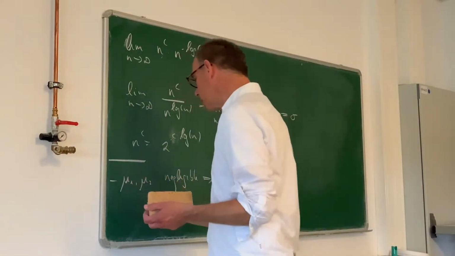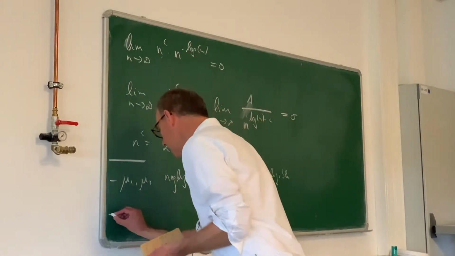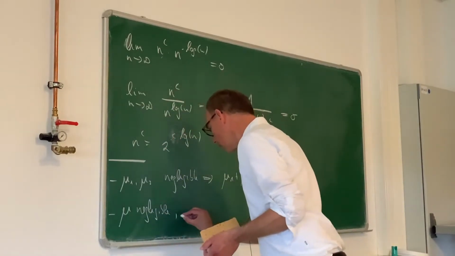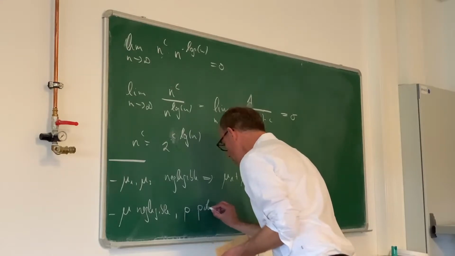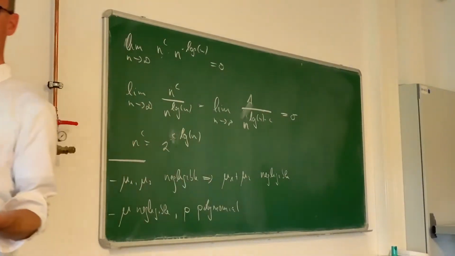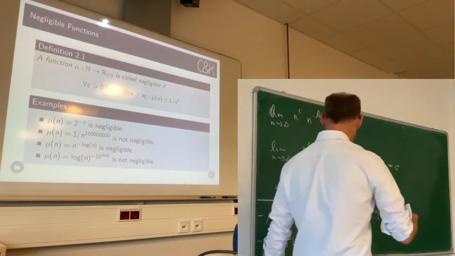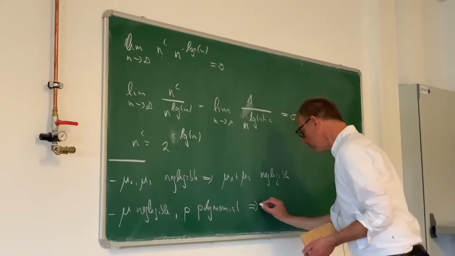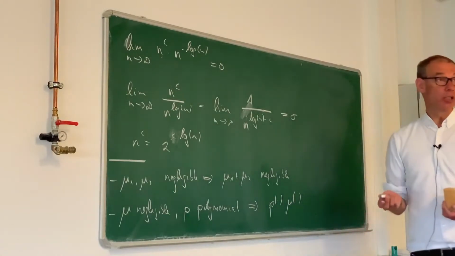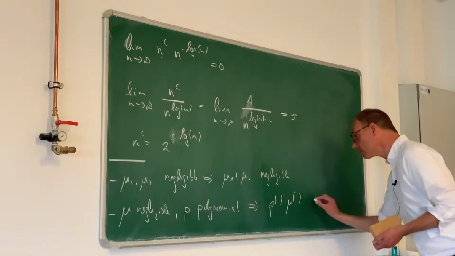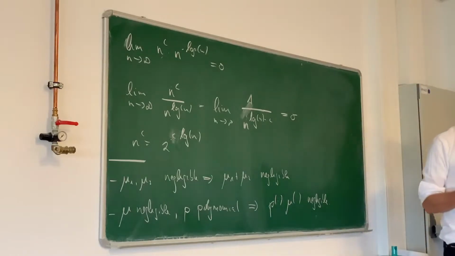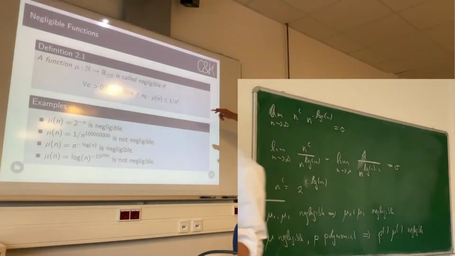More interesting, even, although the previous is often good enough for us: if we have mu negligible and p a polynomial, basically something bounded by n to the c for some c, then p times mu, this function, is still negligible. This is because this here is true for all c.